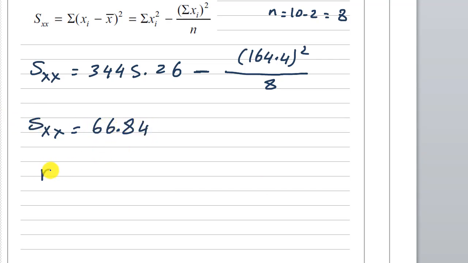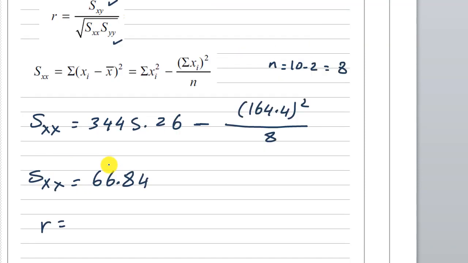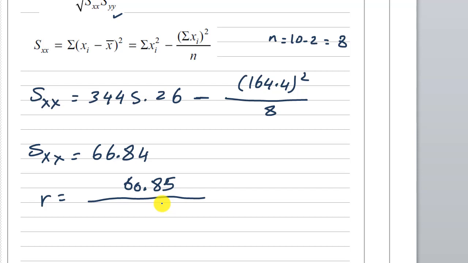Now R is equal, according to the equation, to 60.84 divided by the square root of 66.84 multiplied by 67.52.